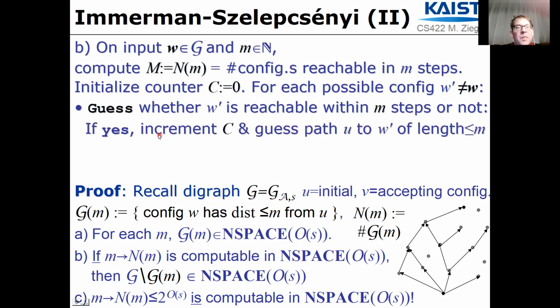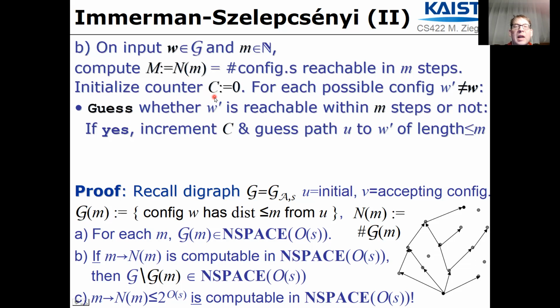By item A, if the guess claims that it is reachable, then we're going to increment the counter. So the counter is going to try to count the number of nodes that can be reached within M steps. And at the end, when we're done, we're going to compare that counter with the given number. And when that counter differs from the number we've computed, then we know that we've made some mistake. Let me say that again.